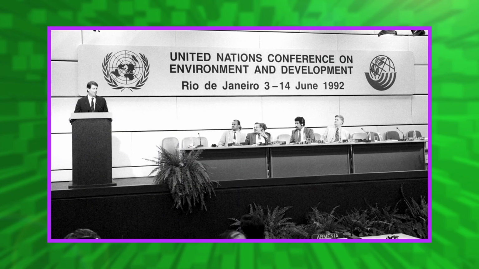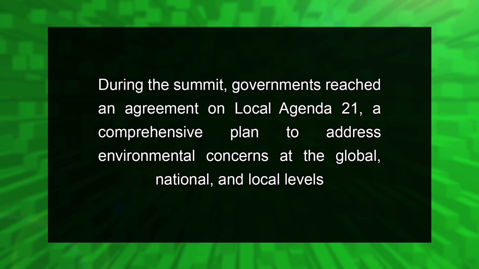In 1992, the Earth Summit held in Rio de Janeiro aimed to address global environmental issues and emphasize the interconnectedness of the environment and development. During the summit, governments reached an agreement on Local Agenda 21, a comprehensive plan to address environmental concerns at the global, national, and local levels.